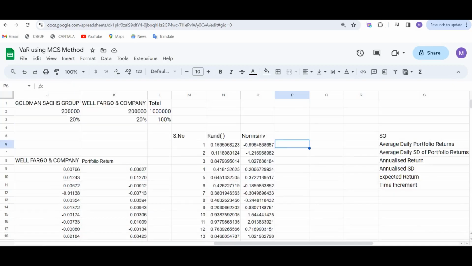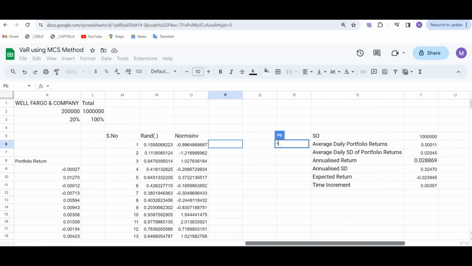Yeah, that's done. Here, type the formula equals to, then you have expected return. Okay, lock this amount.